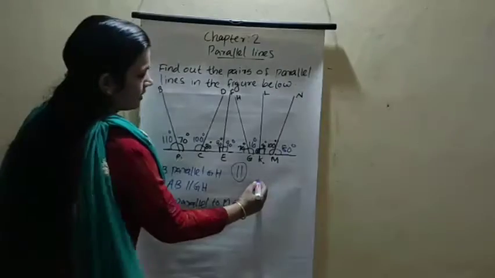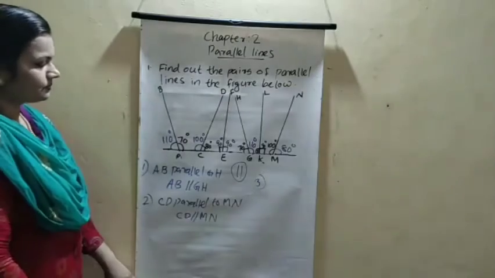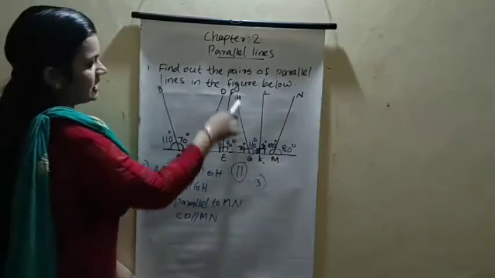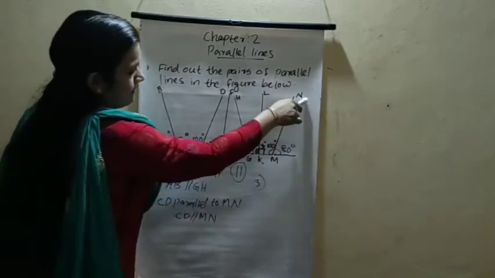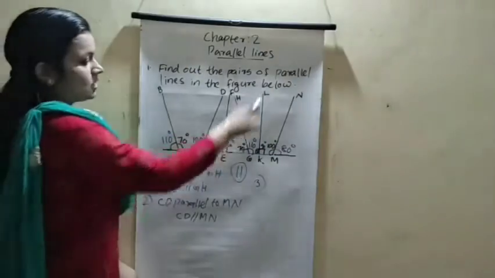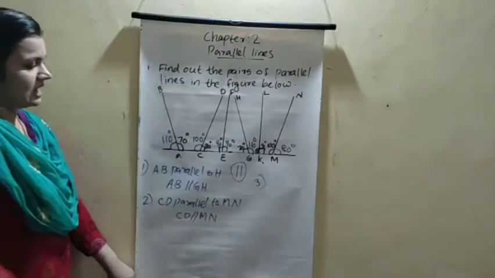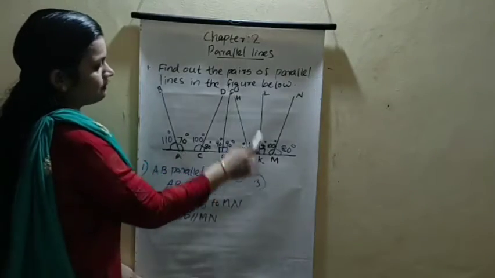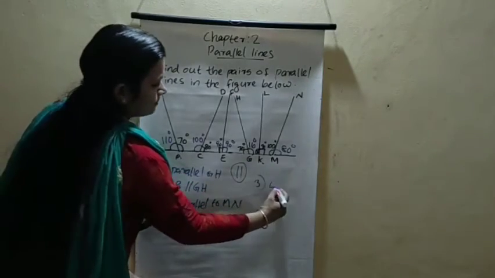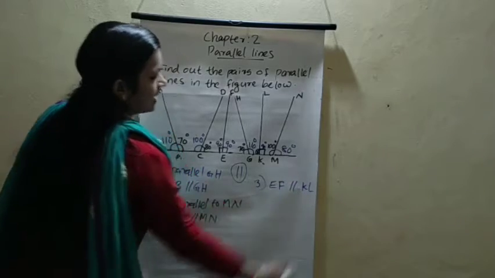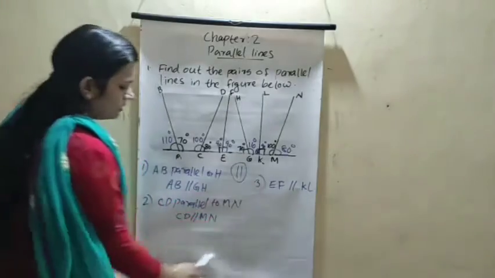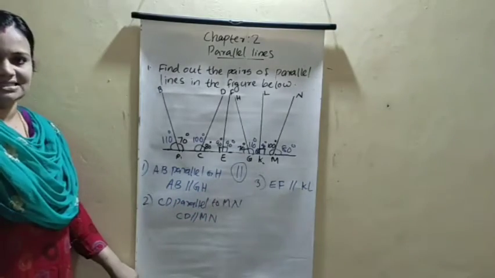Then the third pair. AB parallel to GH, CD parallel to MN. Then the perpendicular lines are also parallel, so we can write EF parallel to KL. So we found three pairs of parallel lines.